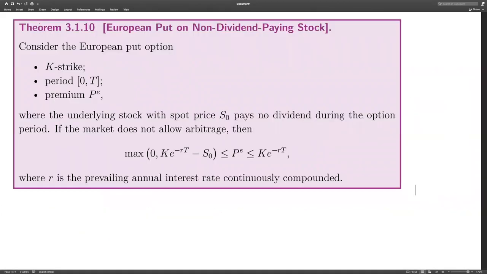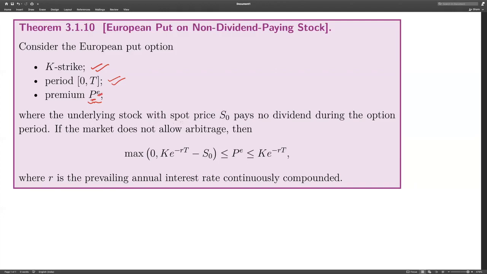Next, we will obtain the bounds for the premium of a European put option on non-dividend paying stocks. Again, let's consider a put option with strike K and period 0 to capital T, and the premium now is denoted by capital P superscript E. Here P denotes that the premium is for a put option, and the superscript E denotes that the option is of European style.